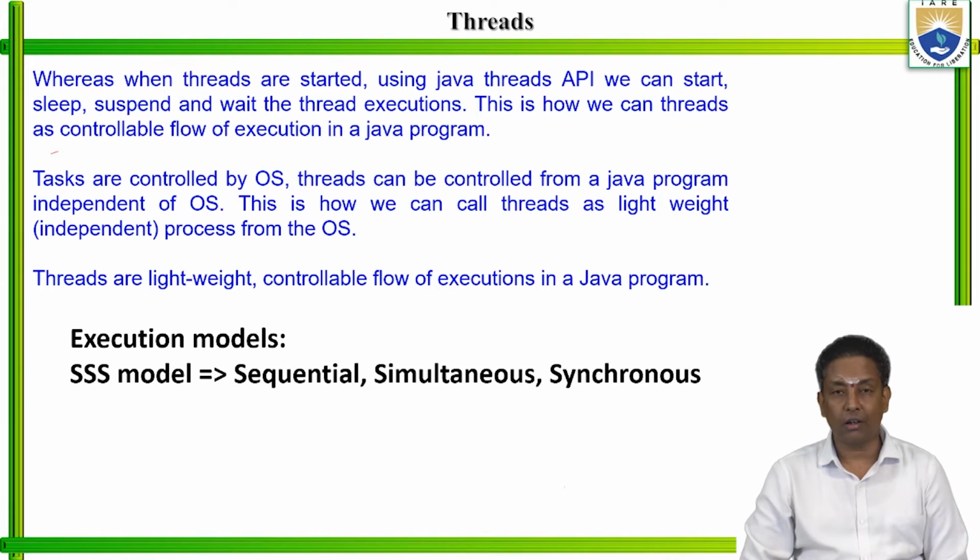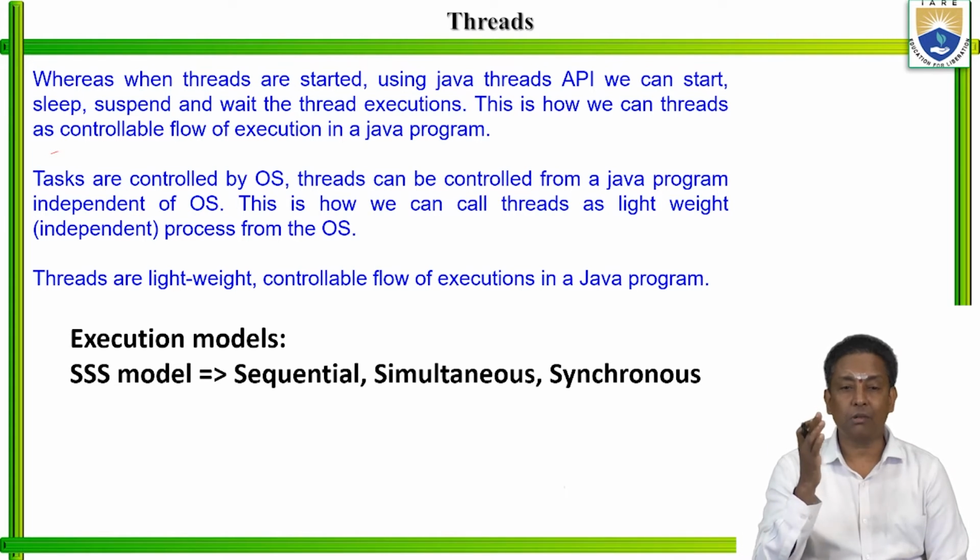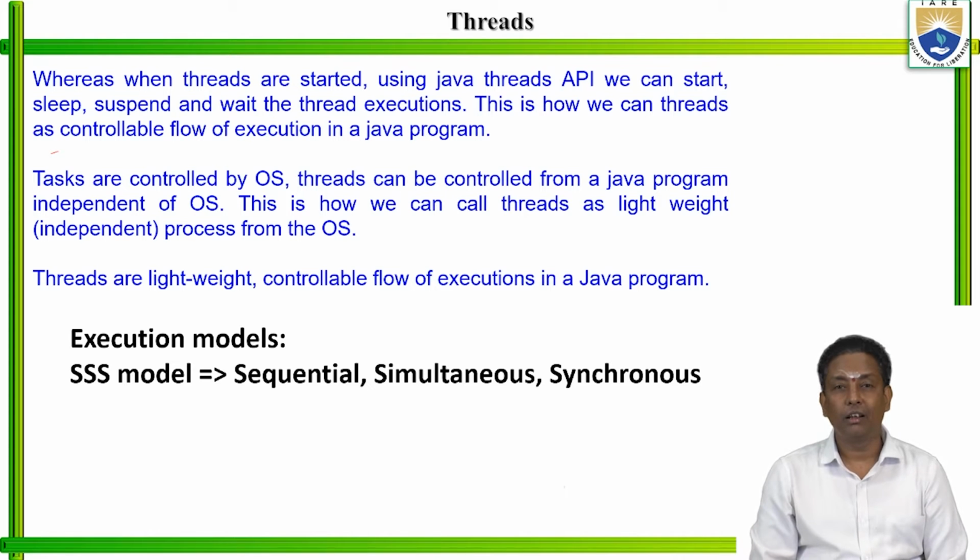As a Java programmer, if you are asked to write multi-threading for your application's execution, how do you determine how many threads are required in the Java program? That is very, very important.